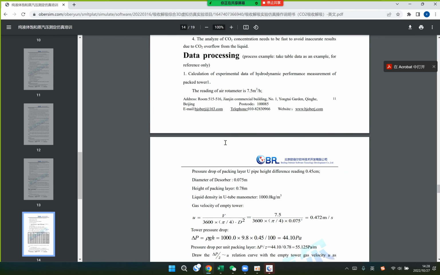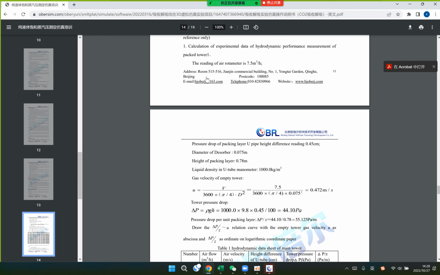And this part is actually the calculation for the hydrodynamics performance measurement of the packed tower. For his example, the flow rate is 7.5. However, he didn't change the flow rate from the measured into a real one. As I said, because the temperature in the atmosphere is 25 Celsius degrees, but the standard meter is for 20 Celsius degrees.